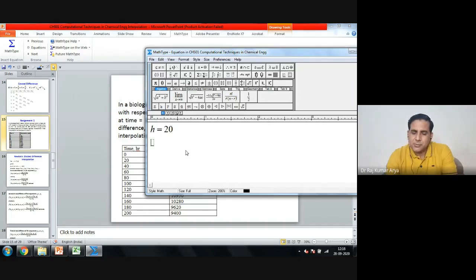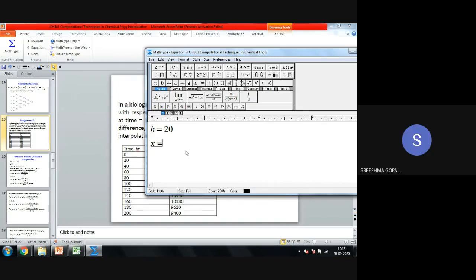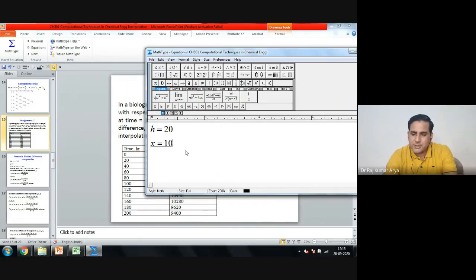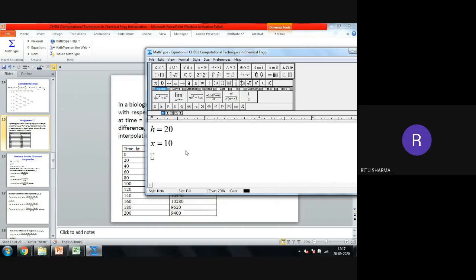What is your x? X is the value at which you are calculating the function. First you are calculating at x equal to 10, right? So that is your x equal to 10.